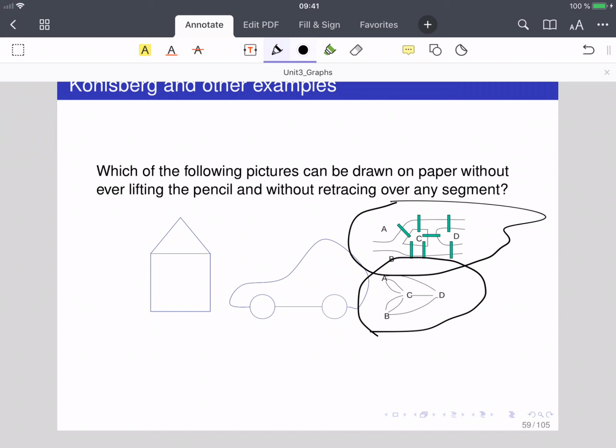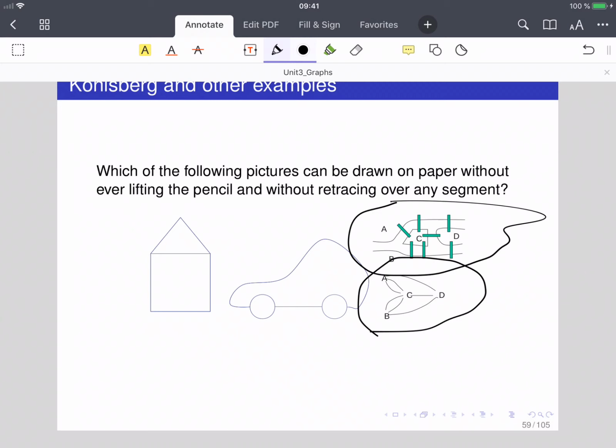The bridges in this case are the edges, and the different places, the banks and the islands, are the vertices of the graph. Okay, and the idea is that we want to find, if possible, a path that uses all the edges in the graph once and only once.